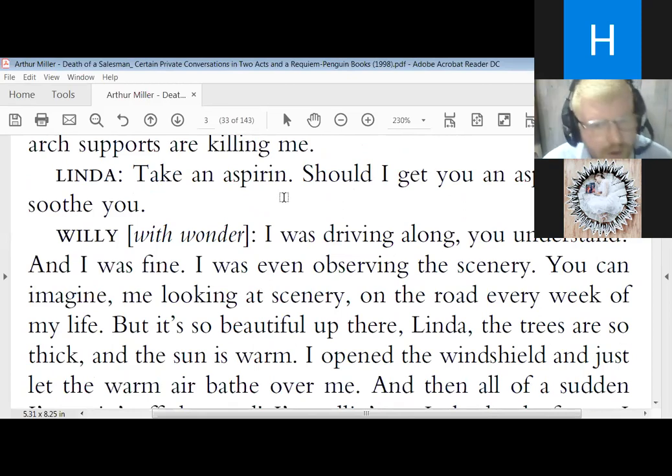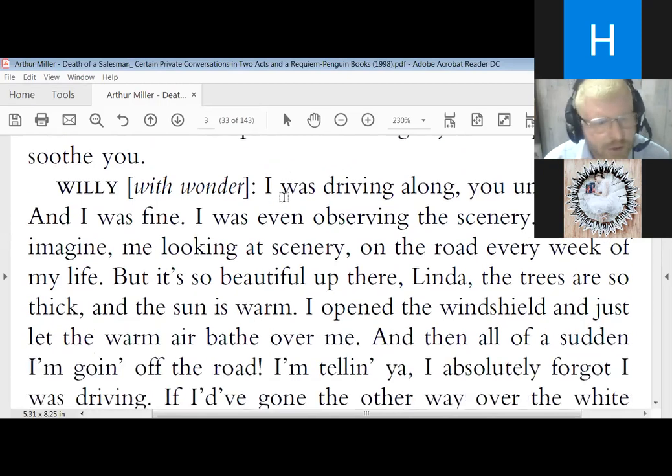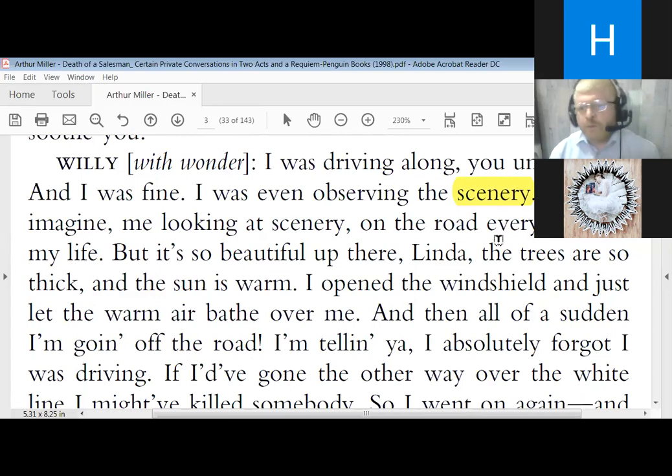Willy says, I was driving alone, you understand, and I was fine. I was even observing the scenery. And this is something else. You remember we said that Willy Loman is a man infatuated with nature. He is very much concerned about the existence of trees and grass and so on.